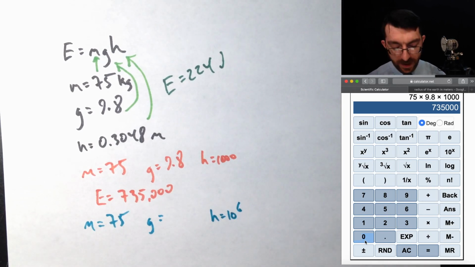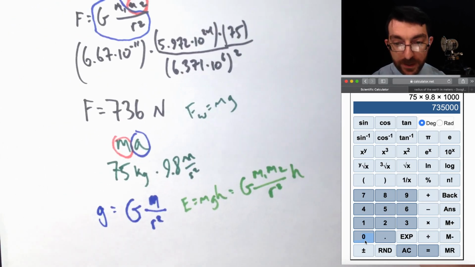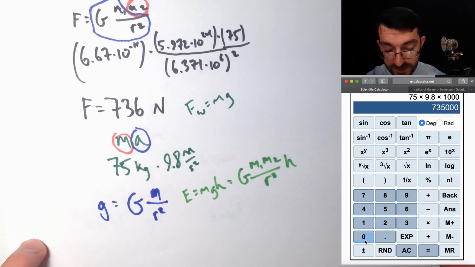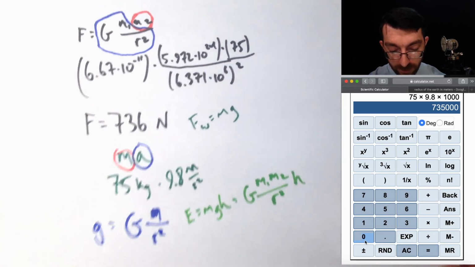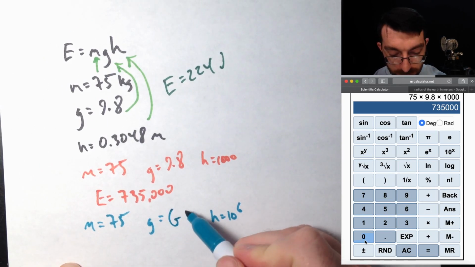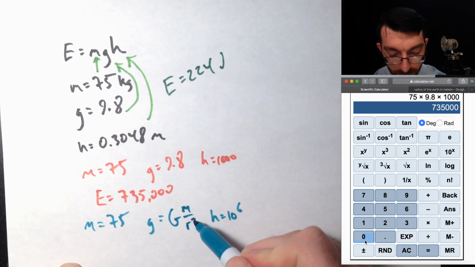What will we use for gravity? Referring back to this, this is what we're going to use for gravity. Gravity is going to be big G m over r squared.